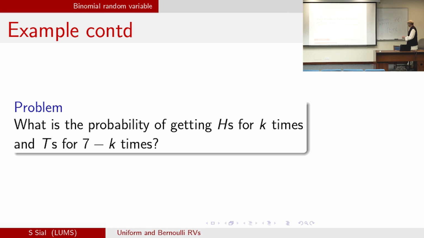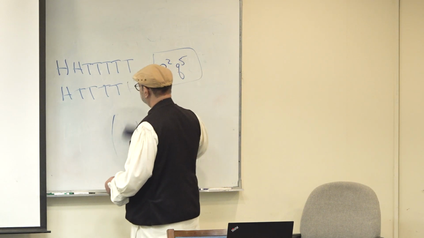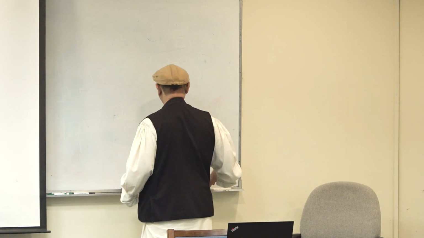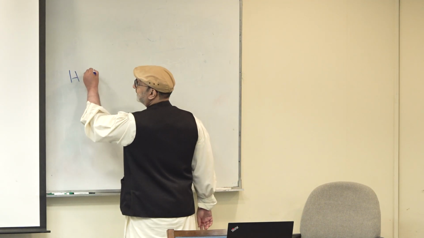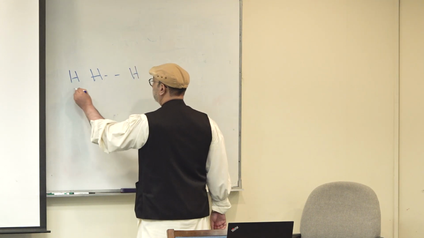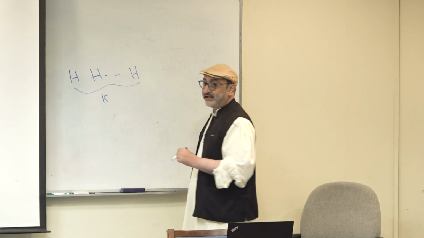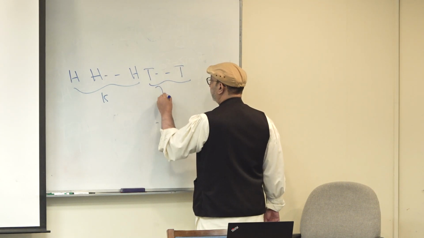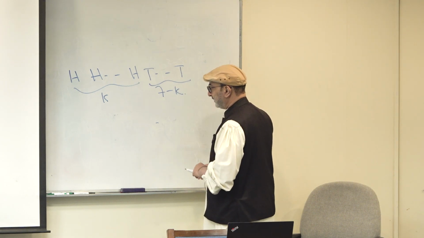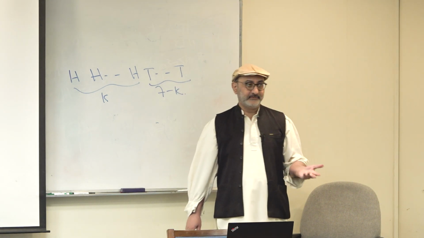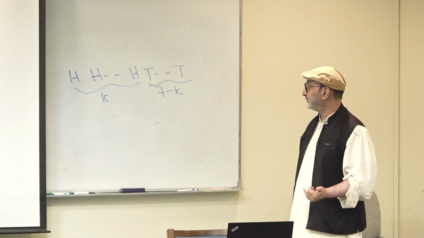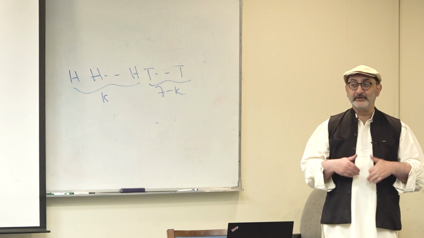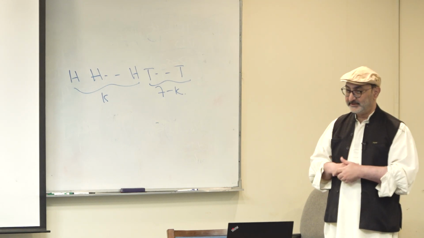Okay, let's look at a particular sequence and look at its probability. There's going to be k h's, and then there's going to be 7 minus k t's for a total of 7 flips. So what's the probability of getting exactly that same sequence, keeping in mind that the results of the coin flips are independent?